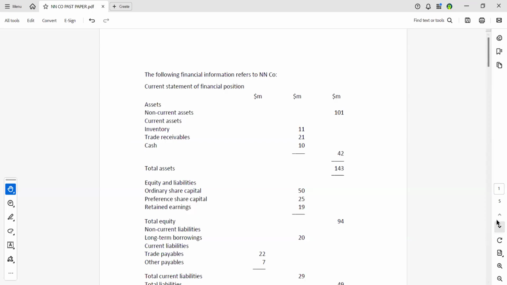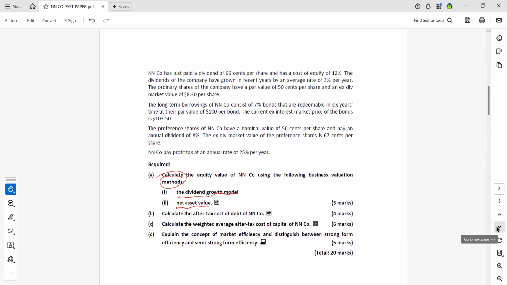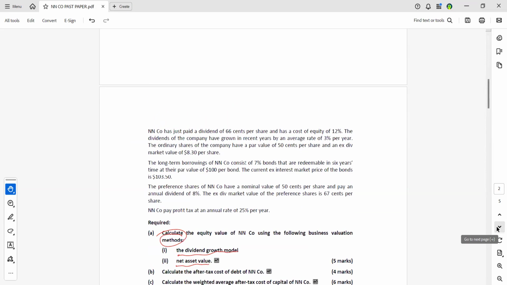So the requirement says calculate the equity value of a company using the business valuation methods, dividend growth model. Now here you should know what the dividend growth model talks about, isn't it?